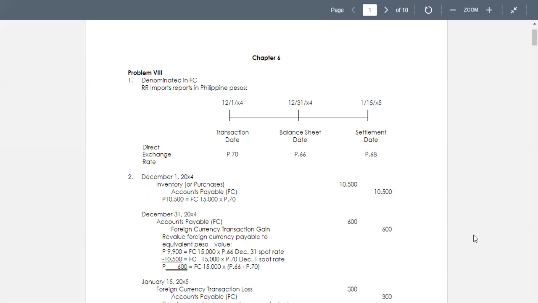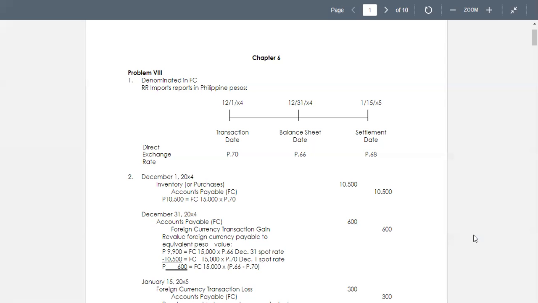Now, that's the direct exchange rate. On December 31, X4, the balance sheet date, the rate is 1 FC to 66 centavos. And on January 15, X5, which is the settlement date, 1 FC is equal to 68 centavos. Now, these are the direct exchange rates which are given in the problem.